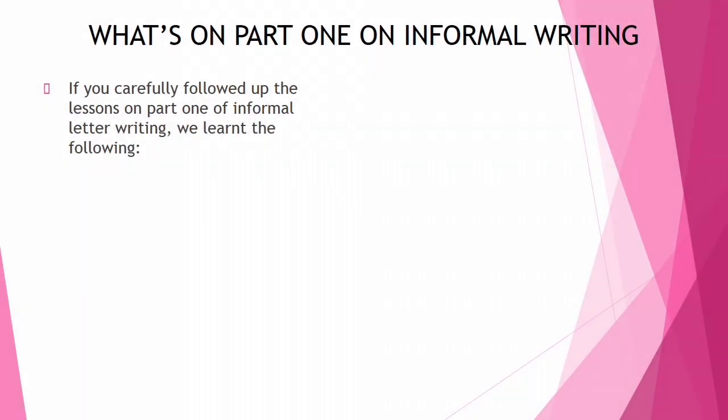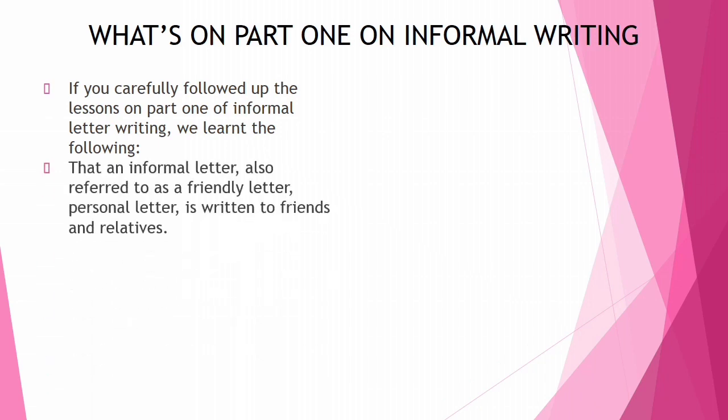Well, let us just have a very brief revision on what we have done previously in the first video. If you carefully followed the lesson on part 1 of informal letter writing, we learned the following: that an informal letter, also referred to as a friendly letter or a personal letter, is written to friends and relatives.